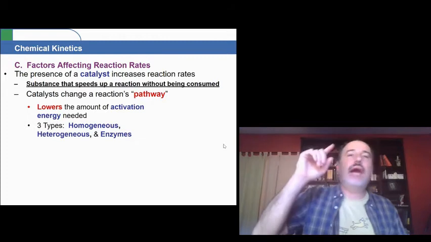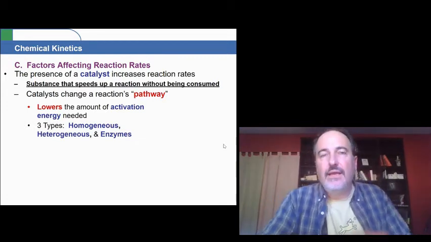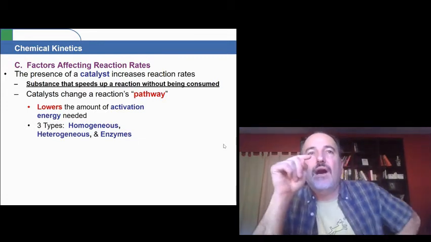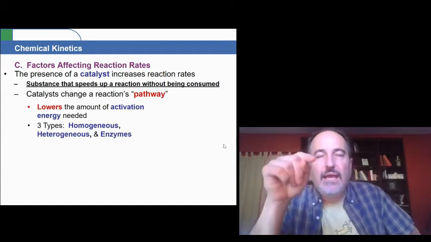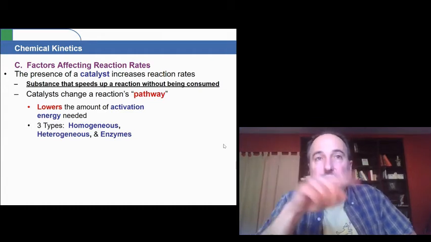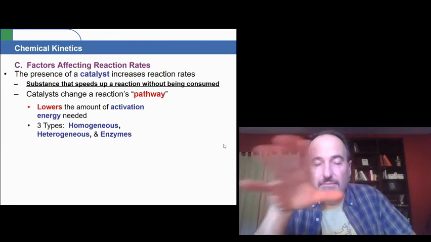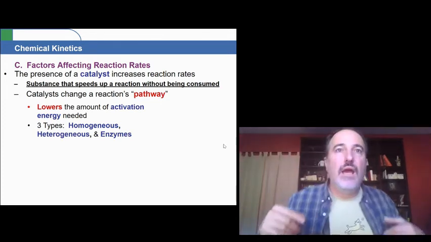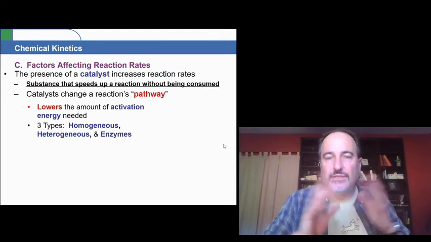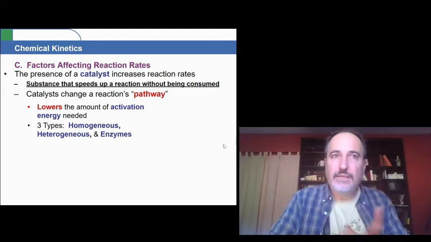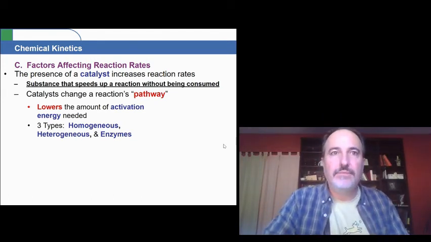All right. Now, there are three types of catalysts, and when there's a little demonstration on the three basic types, I want you to see them. They are homogeneous, heterogeneous, and enzymes.